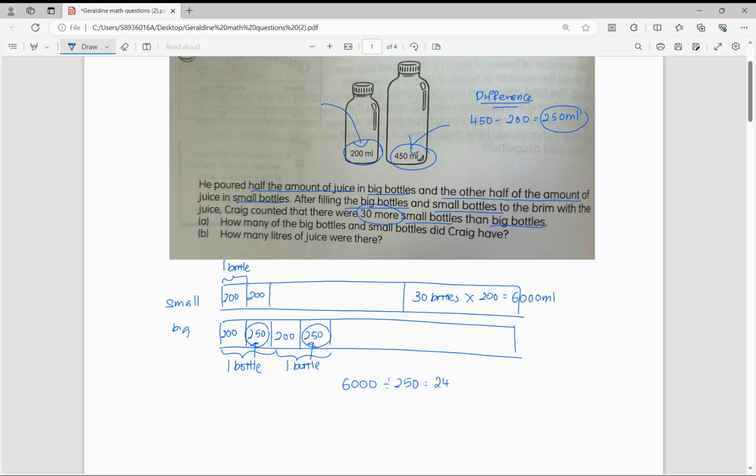That means there are 24 big bottles here, because every 250 is between one small and one big. I just know that small has 30 more from here onwards. Since I know that I have 24 big bottles, my small will be 24 plus 30, 54 small ones. So that will be your part A.